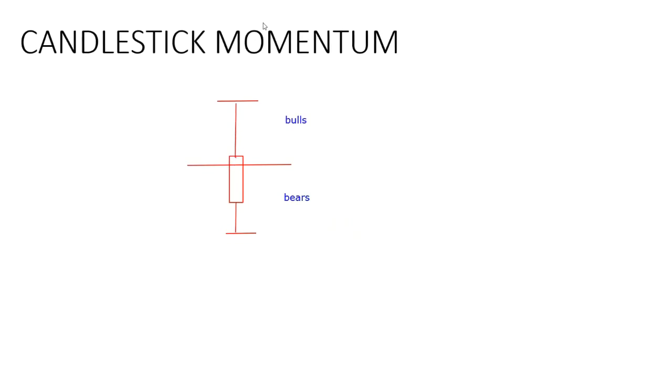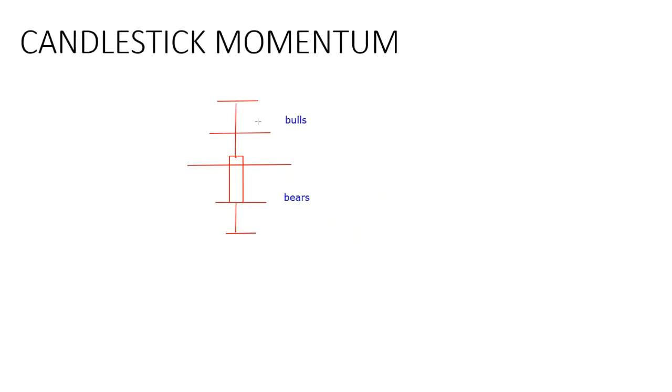But another thing to make it more effective is that we divide the bulls one into halves and the base one into halves. We can't be very accurate. So now, if price happens to close in the top half, it shows that it's a strong bull.